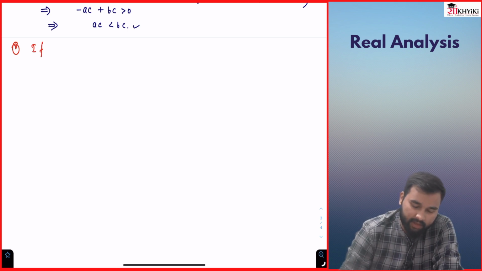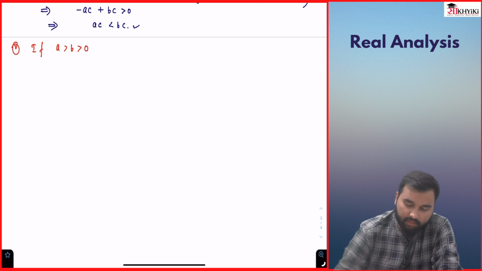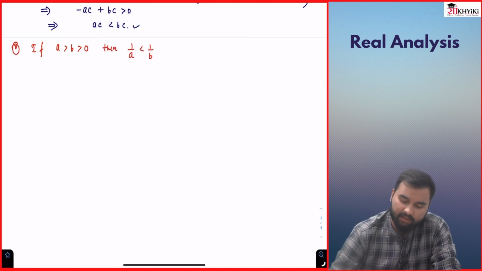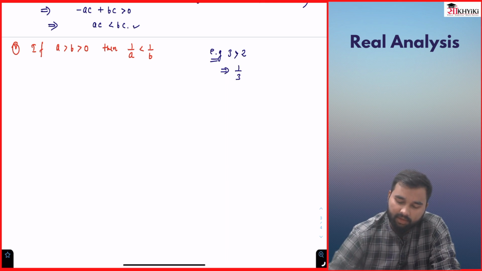If A is greater than B and both are greater than 0, then we must have 1 upon A, the reciprocal of A, less than the reciprocal of B. For example, 3 is greater than 2, but the reciprocal of 3 is 1 by 3 and the reciprocal of 2 is 1 by 2.